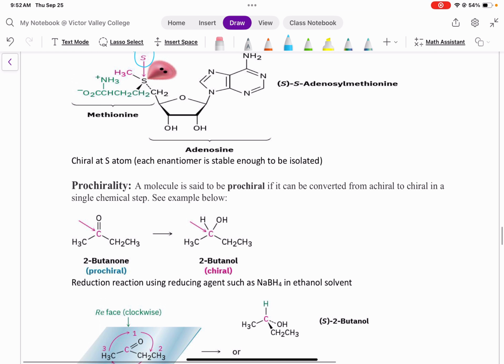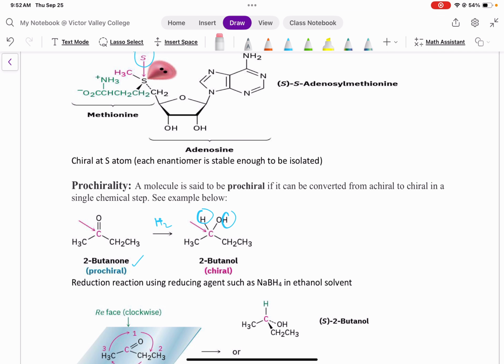Prochiral. It's not chiral, but it's ready to be chiral. Butanone is not chiral, but if you do the hydrogenation, you're adding hydrogen basically. You put a hydrogen on the carbon, you put a hydrogen on the oxygen.